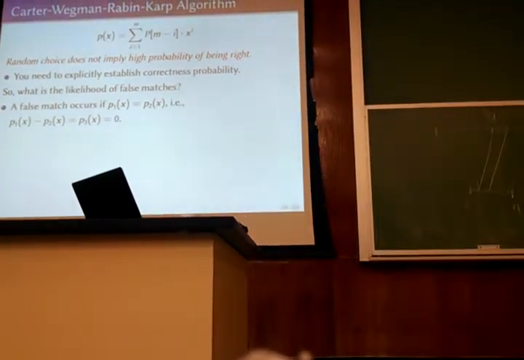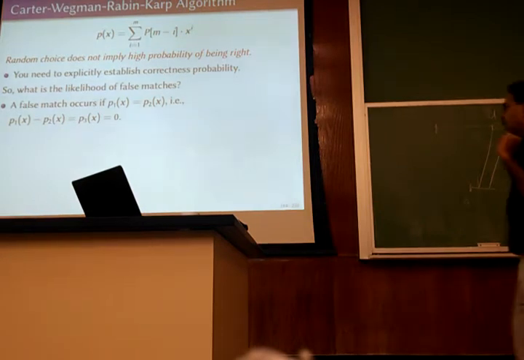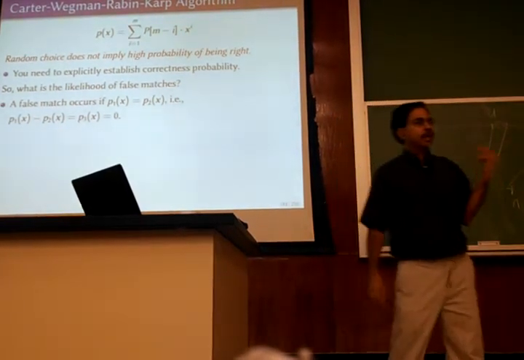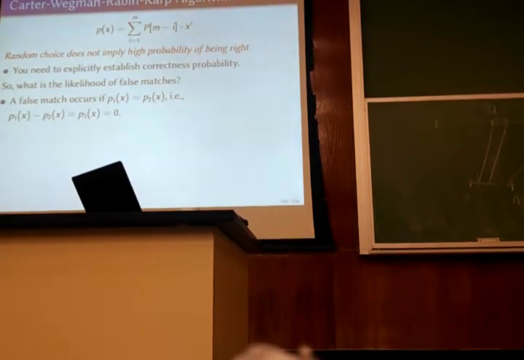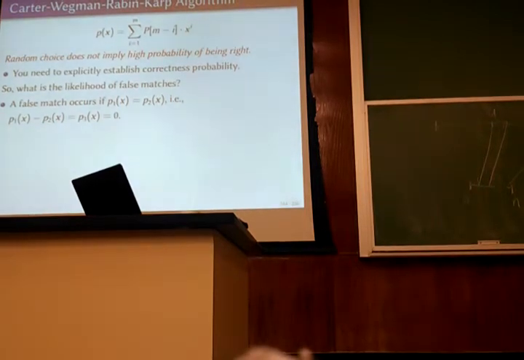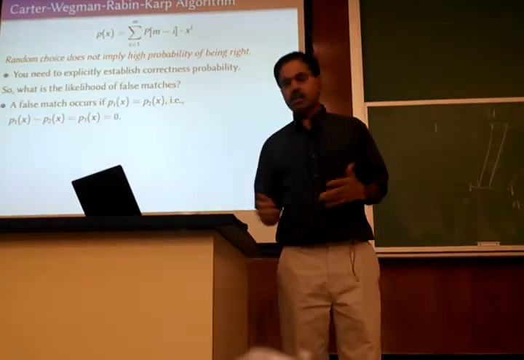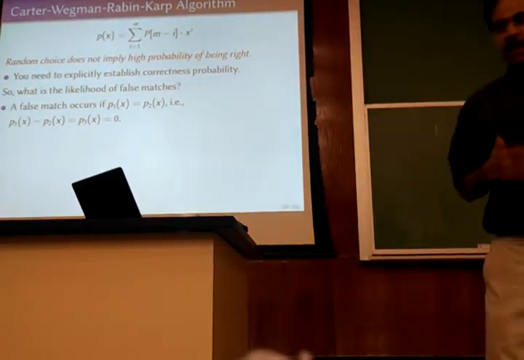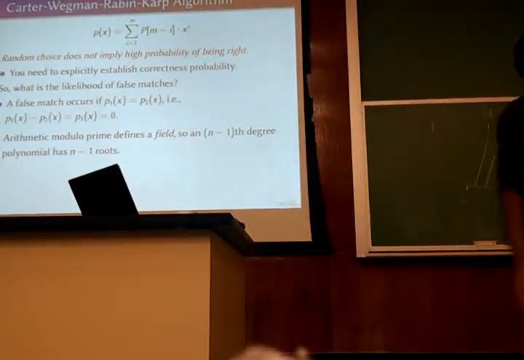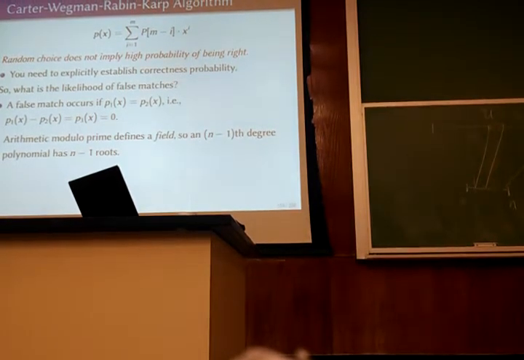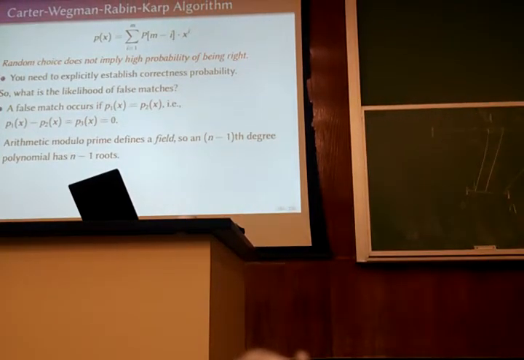A false match occurs if you have two different patterns, P1 and P2, and you evaluate the fingerprint on them, and they happen to be the same. That's when you have a false positive. So P1 and P2 are not identical, but the polynomials match. We can say P1 equals P2, do the arithmetic, and get some polynomial P3 of x, which is of degree n, because n is the length of the string.